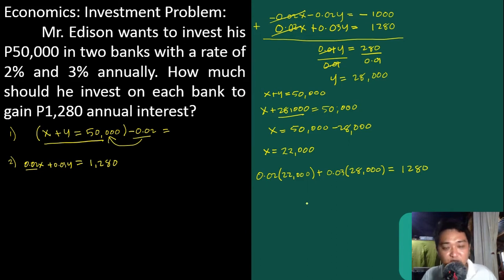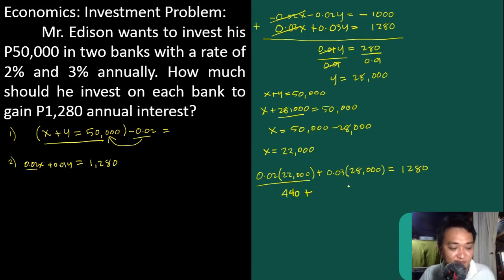Okay. So we can make use of our scientific calculator to evaluate this, ano? So we have 0.02 times 22,000. That will be 440. Plus, how about the other investment? 0.03. O yung pangalawa nating investment na 28,000 at 3% interest.